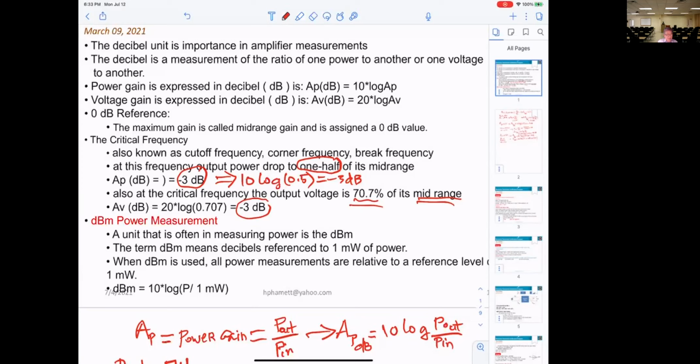The term dBm means decibel referenced to 1 milliwatt of power.